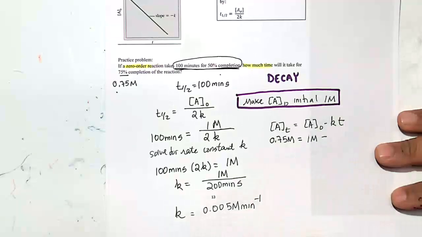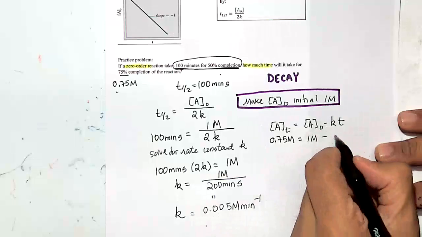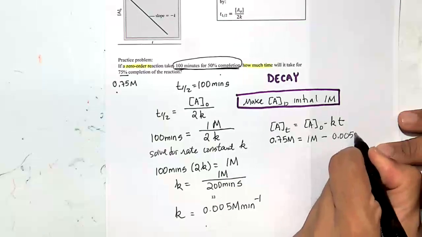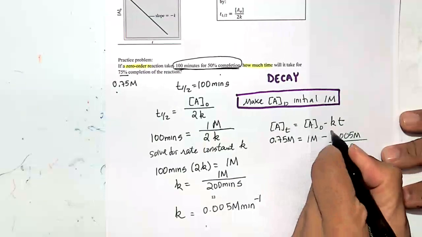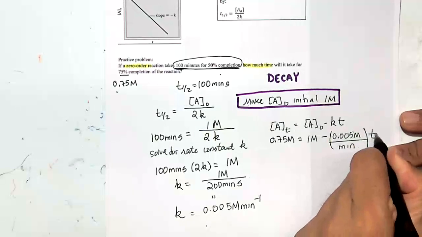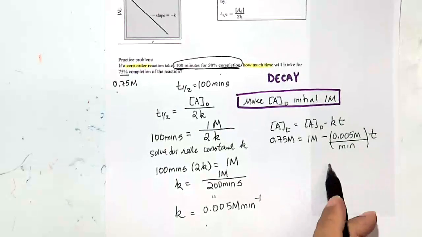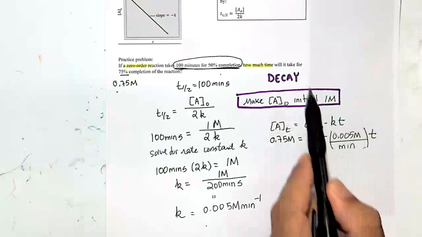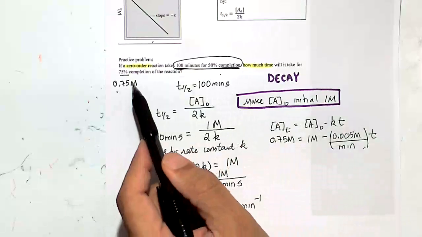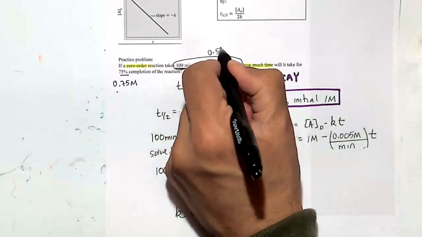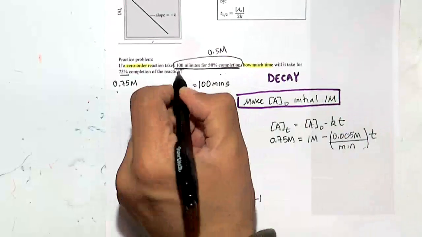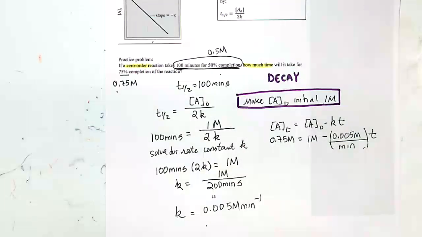Minus K, which we already solved for here, 0.005 M per minute, times T. So we have to solve for T. This will give us the time it will take to go to 75% completion. The time it gets to 50% completion, starting with 1, is 100 minutes.